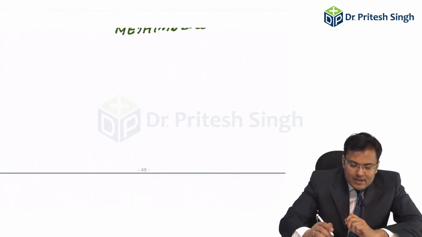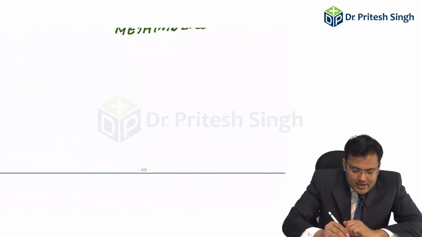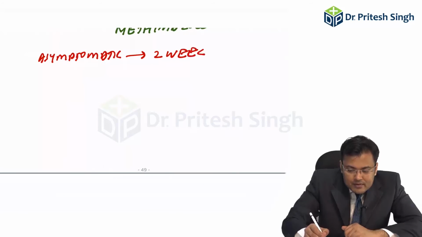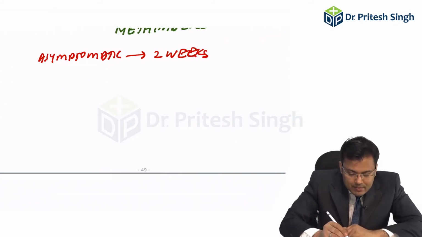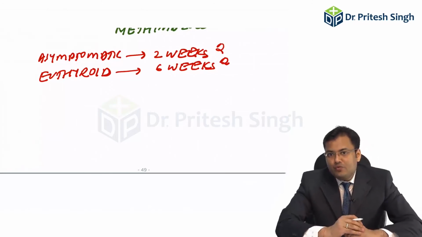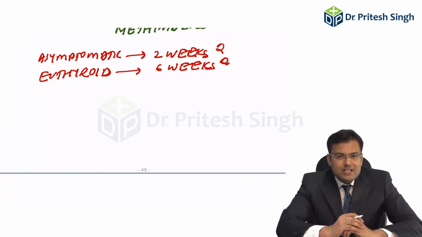And because of this, the patient becomes asymptomatic within 2 weeks and euthyroid within 6 weeks.